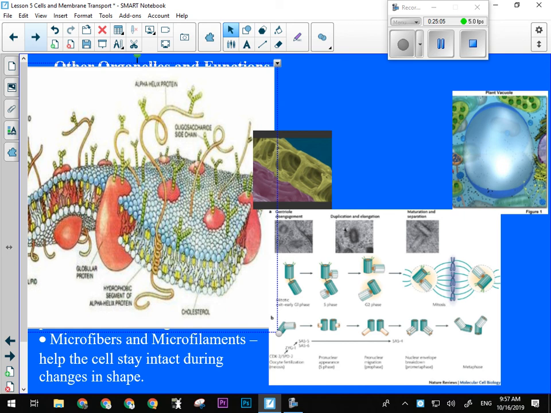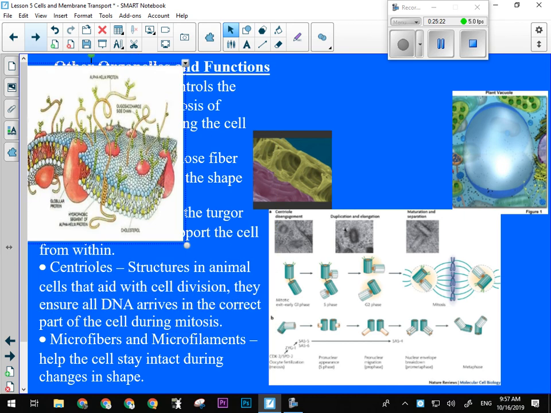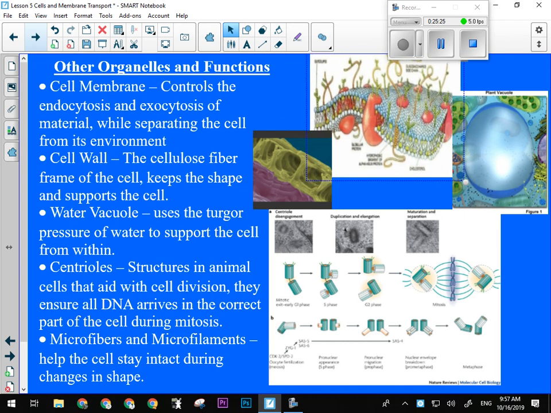There are proteins that are designed to help transport material through the membrane. There are some in there that are receptors, so they're triggered by the presence of hormones. They're a receptor for a certain hormone or something like that, but it's a much busier place than most diagrams lead us to believe. All right, so main job for that, controls endo and exocytosis.